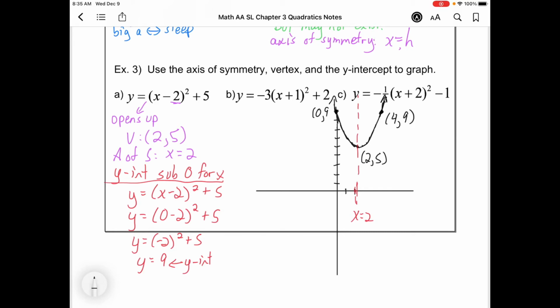So 2 to the right of the vertex, since it's symmetrical, is going to have that same y value. And that's a good graph, and it probably took less time than it did for the factored version. This one couldn't be written in factored form, and that's because it doesn't have any x-intercepts. We'll take a look at 2 more.